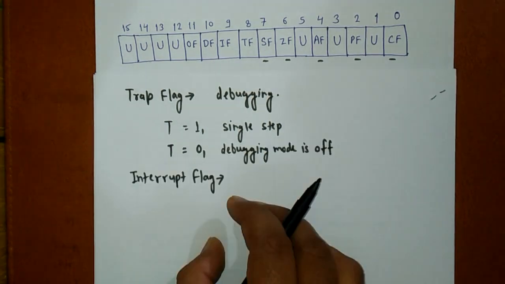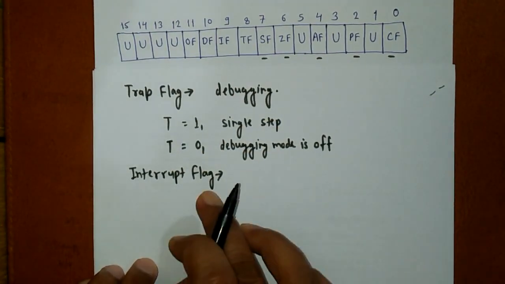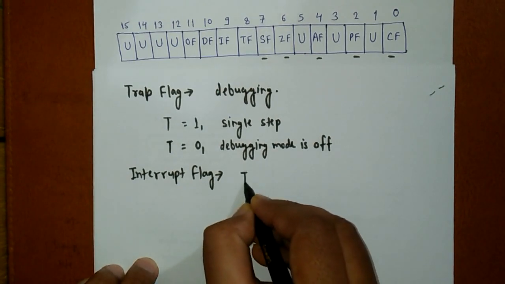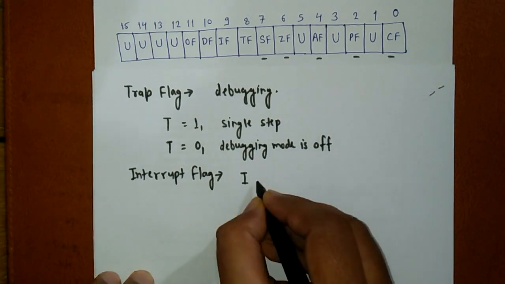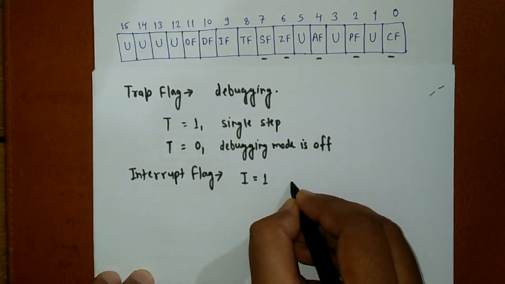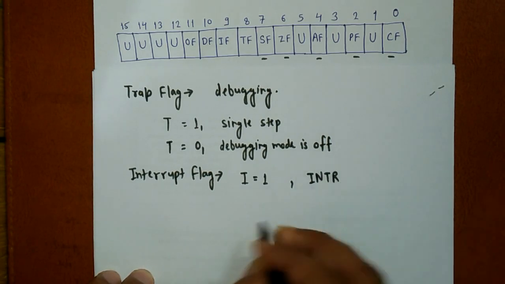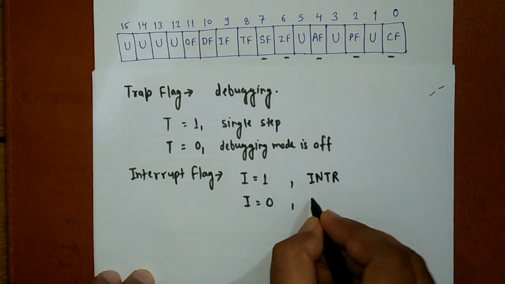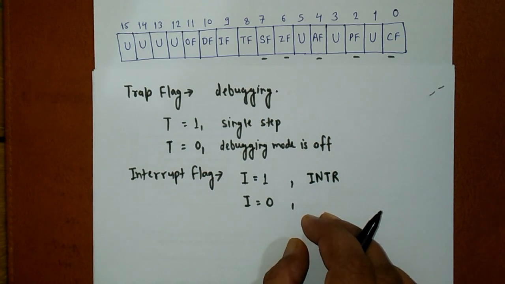Okay, next is the interrupt flag. If the interrupt flag is 1, then we may use the INTR interrupt pin. Otherwise, if I is equal to 0, INTR will not generate any interrupt to the 8086 microprocessor.